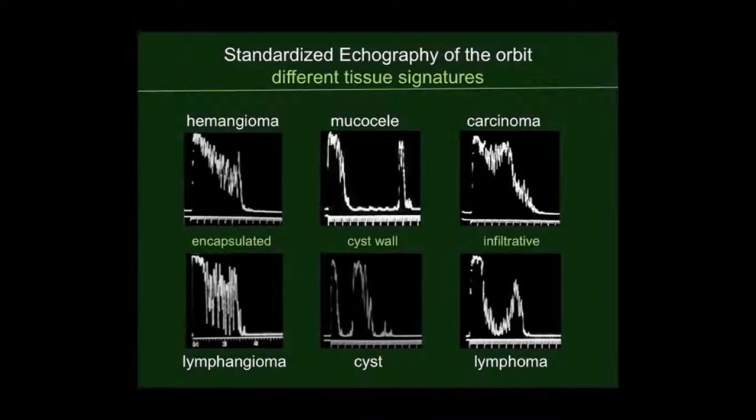For this we need A-scans, and here are 6 A-scan examples of orbital tumors: hemangioma, mucocele, carcinoma, lymphangioma, cyst, and lymphoma, and you see how different they look in terms of amplitude of spikes, in terms of length of spikes, in terms of outline, whether it's infiltrative like carcinoma and lymphoma, or has a cyst wall like mucocele and orbital cyst, or is encapsulated like in hemangioma and a lymphangioma.